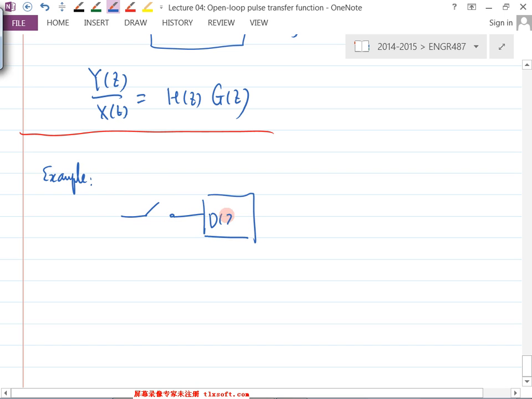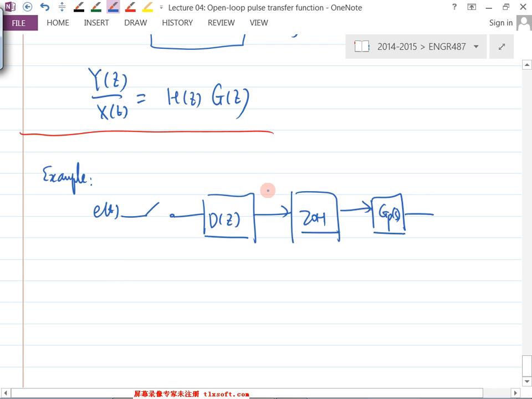Now this is nothing new actually, it's more of a practice. So I'll give you a slightly different block: a zero order hold, a plant, and then a digital controller here.